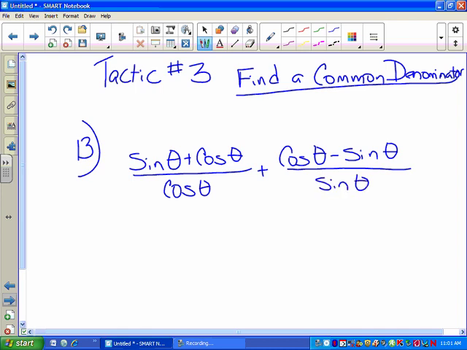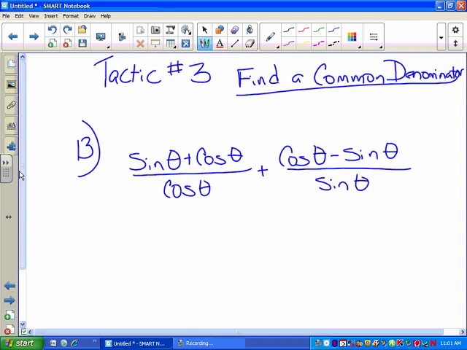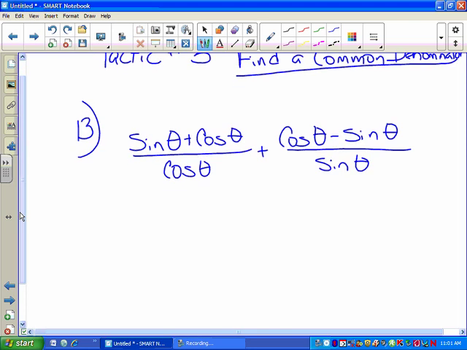Okay, common denominator. Because we're adding fractions, we've got to find a common denominator. So that would be what? We need a sine and a cosine. So our common denominator is actually going to be sine theta, cosine theta, one of both of them.